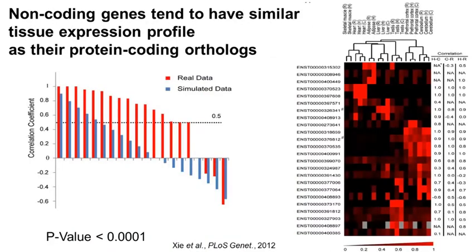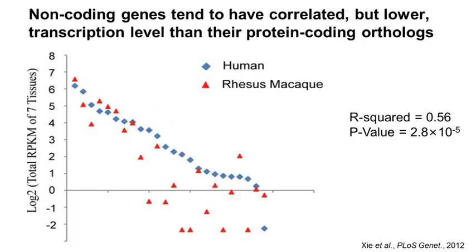Then we looked at their expression levels across different tissues and found that non-coding genes tend to have similar tissue expression profile as their protein coding orthologs. When we looked at the overall transcription level, we found that non-coding genes tend to have correlated transcription level as their protein coding orthologs, even though their transcription level is generally lower.